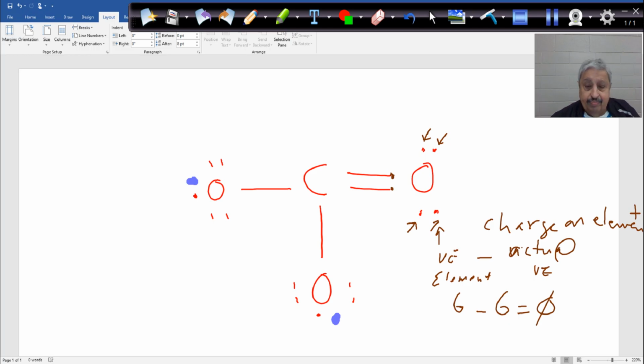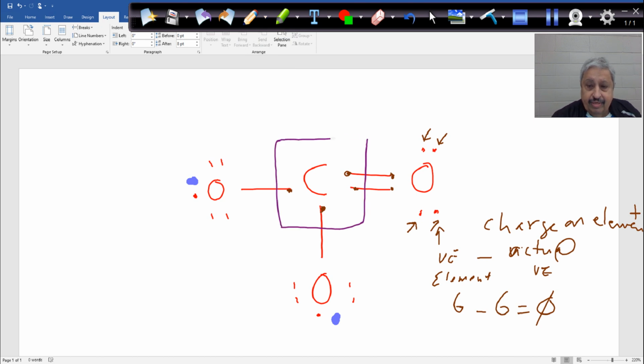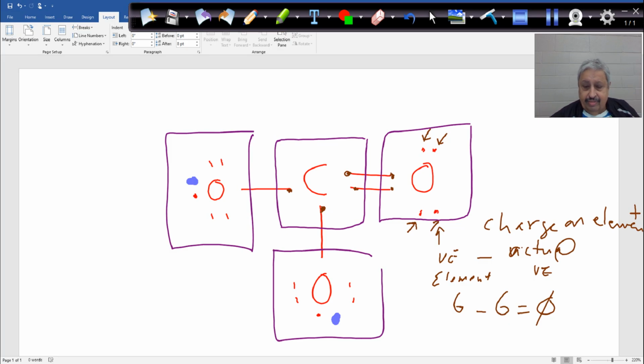How about carbon? 1, 2, 3, 4. Sometimes I tell the students to do this: take a box for oxygen, take a box for this, and take a box for this, correct? Okay, guys, so there is no charge on oxygen, so this is 0.